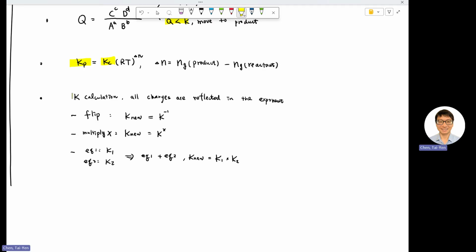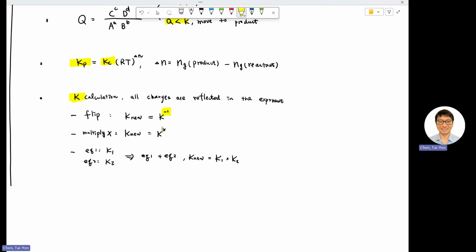Another thing is, if I give you an equilibrium constant K for a specific reaction, and we do some multiplication of the equations, can you calculate the new K? Okay. So for those calculations, it's very simple. If you flip the reaction, then you put the -1 power on the new K, right?